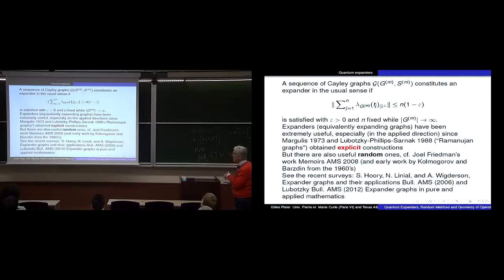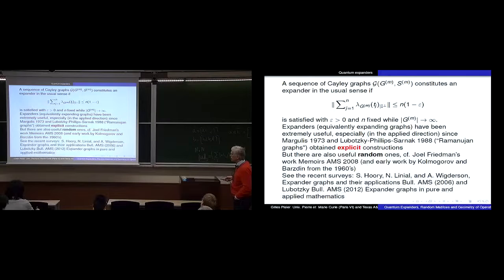But in fact, there are also very useful random methods to construct these objects. And all that I'm doing relates to the random method. I will be constructing quantum expanders by random methods, although they are not exactly chosen at random, but they are constructed using random methods.